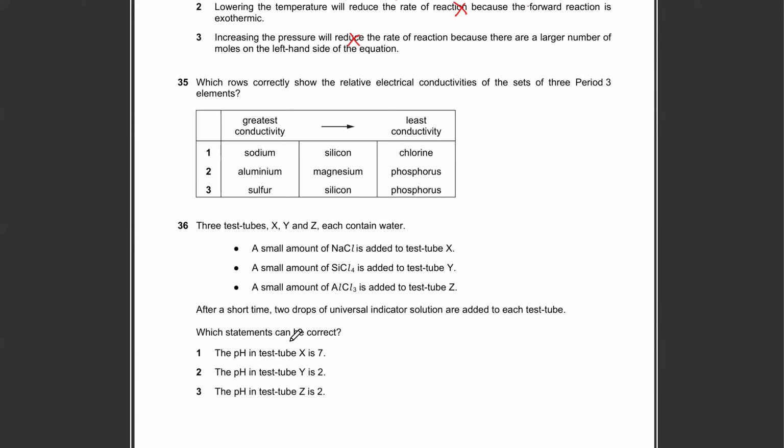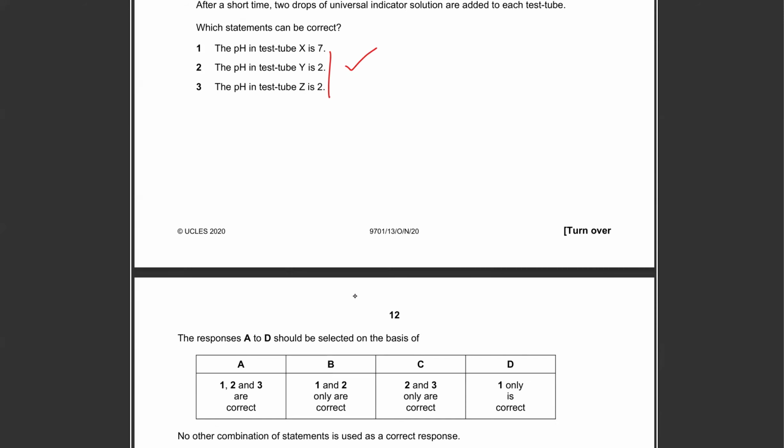Yeah, that's fine. Three tubes X, Y, and Z contain water, to which a universal indicator is added. So what are the pH values for these tubes? NaCl, what's the pH for that? 7. And SiCl4 and AlCl3, they're both acidic, right? Yeah. So all of the statements are right. All three are correct.